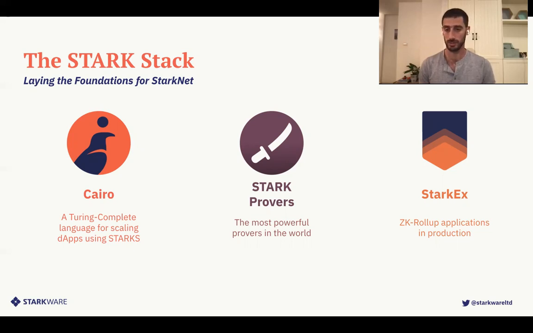And lastly, we have StarkEx, which is an actual ZK rollup application, which works in production, which uses both Cairo and the Stark provers. And it's a real live application that allows us to make sure that the technology that we develop actually works. So let's dive into each one of those a little bit and understand how they allow us to later build Starknet.